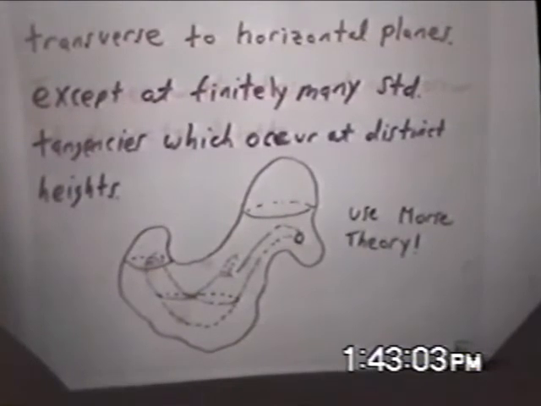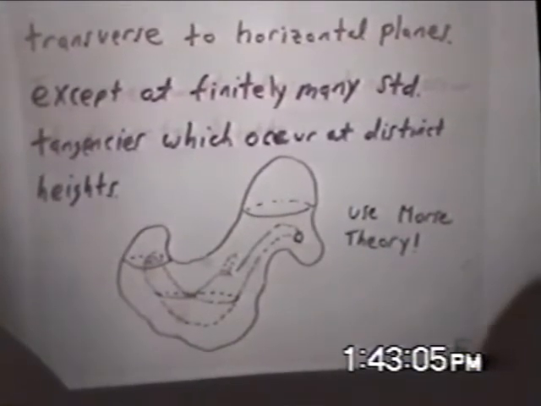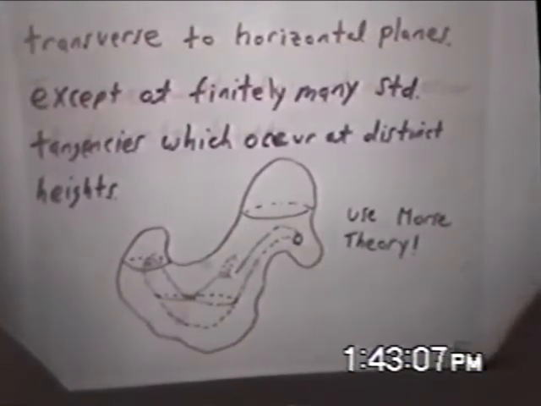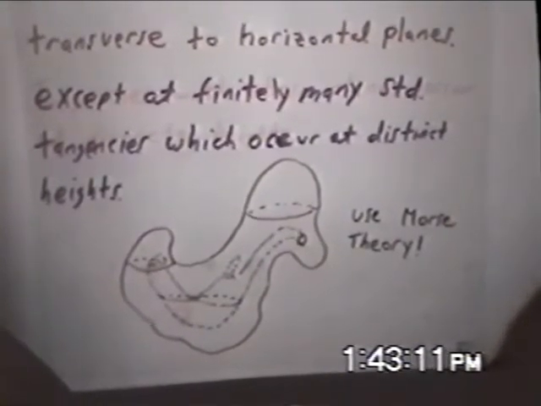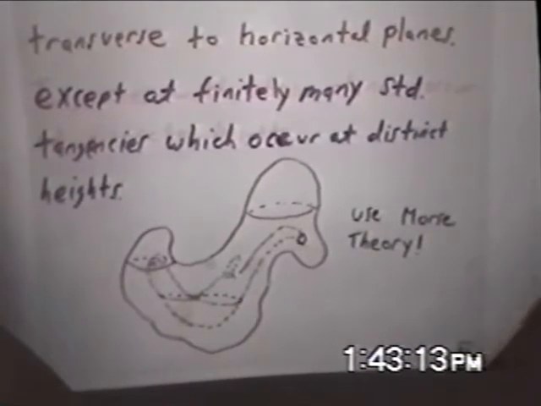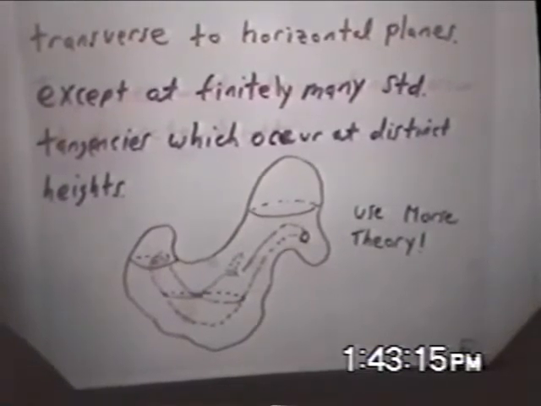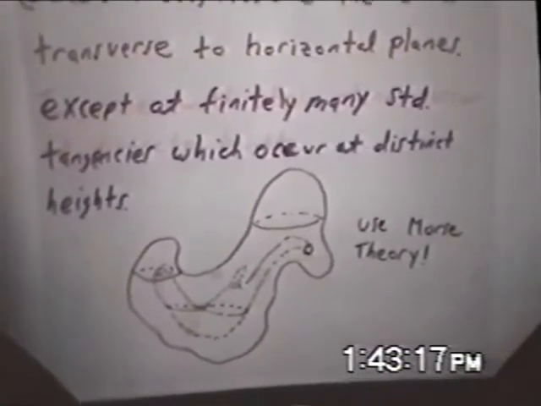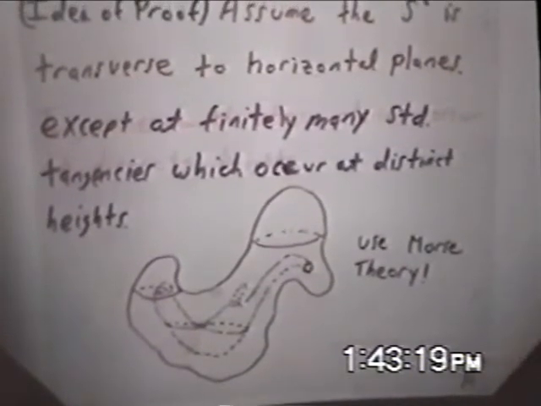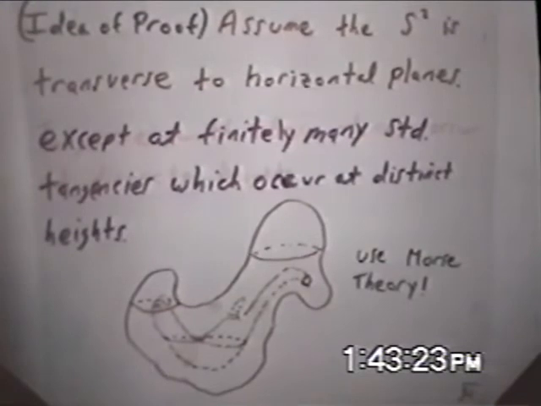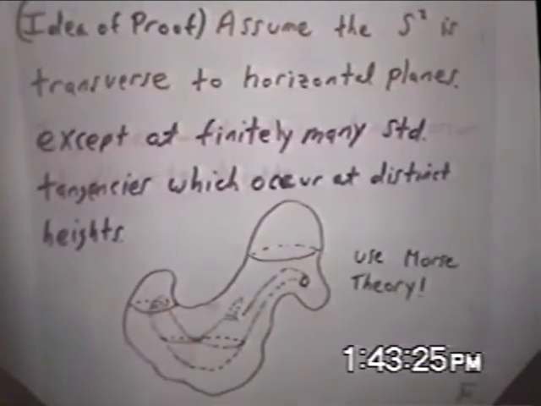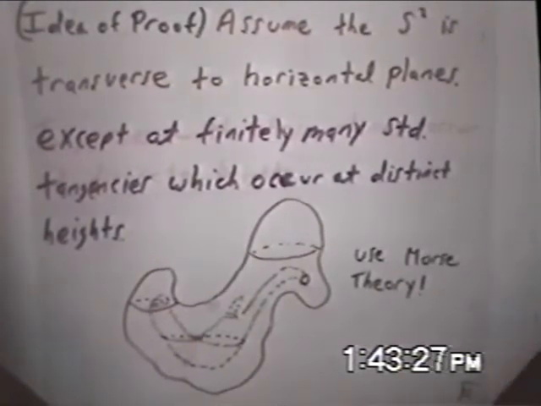What was revolutionary at the time was to use basically ideas of Morse theory to understand this embedding of the two-sphere in R3. And it's especially revolutionary, in my opinion, because Morse wasn't really a mathematician yet. He hadn't invented Morse theory, but that's beside the point.